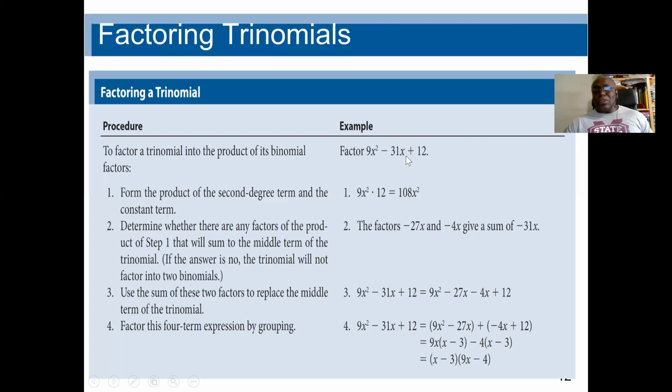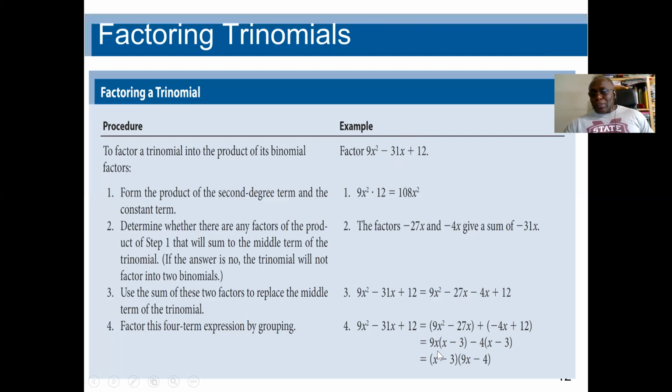So this can be factorized. Now, instead of writing 9s squared minus 31s plus 12, I write down 9s squared, using the two factors here: minus 27s minus 4s plus 12. Then we can factor by grouping.